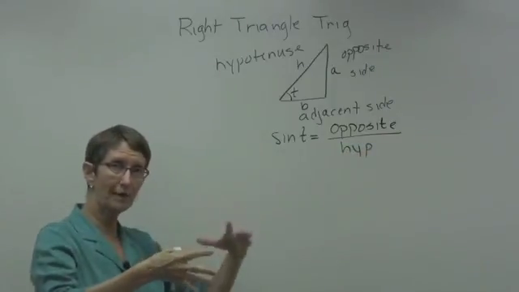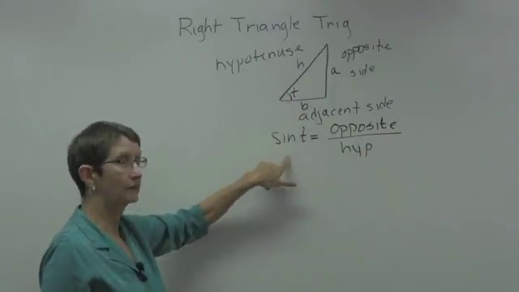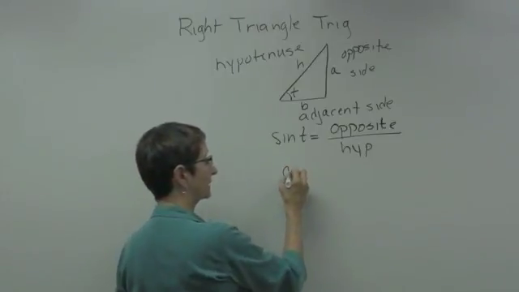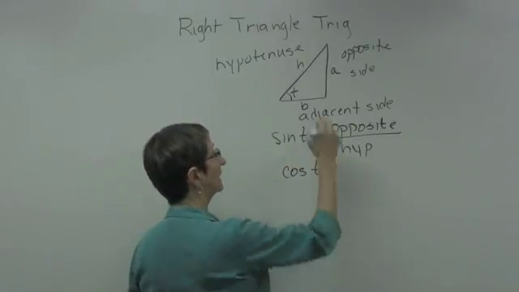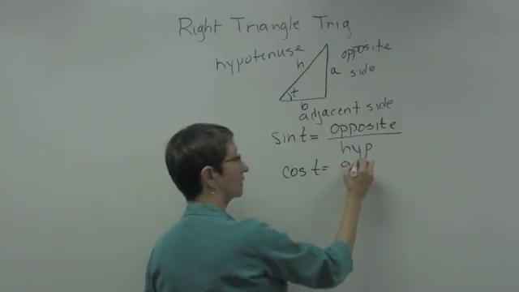That ratio is always true for angle T and the sine of it. For the cosine of T, it is adjacent over the hypotenuse.